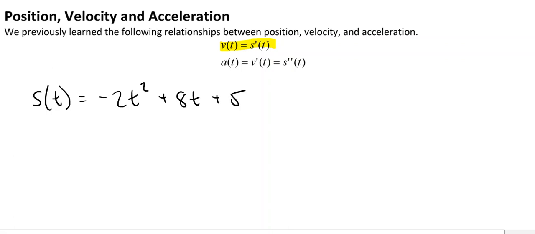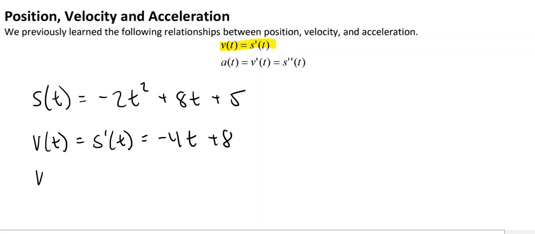Velocity is the derivative of the position function. Therefore, velocity with respect to time is the derivative of this function, which is equal to negative 4t plus 8. So this is my velocity equation. Remember what the position function does: it tells you the position of an object at any time t.